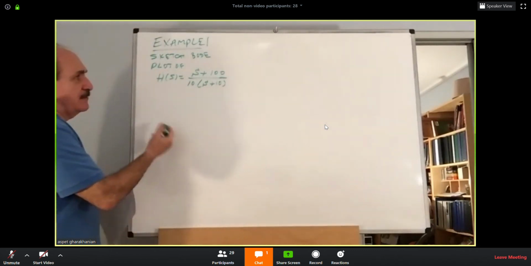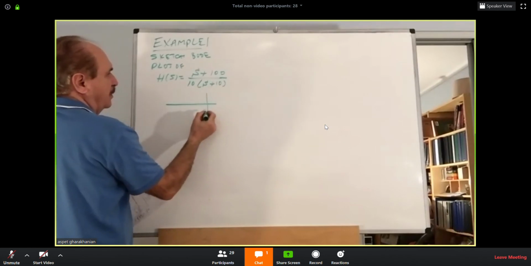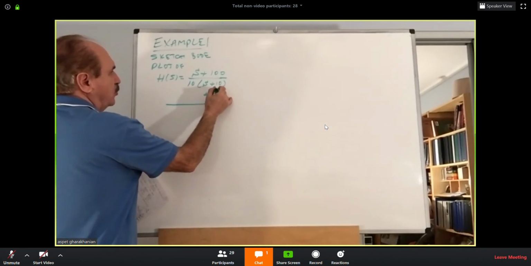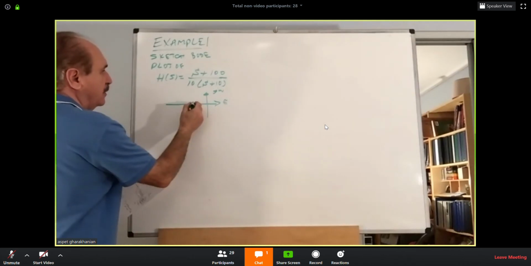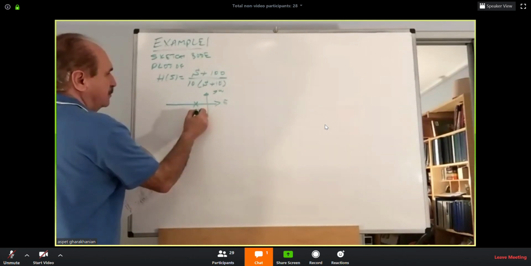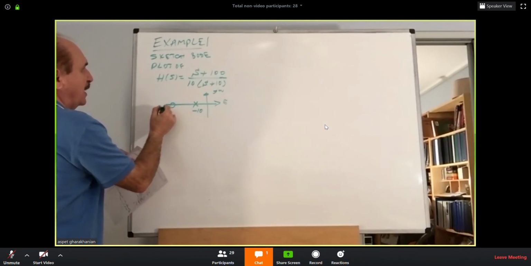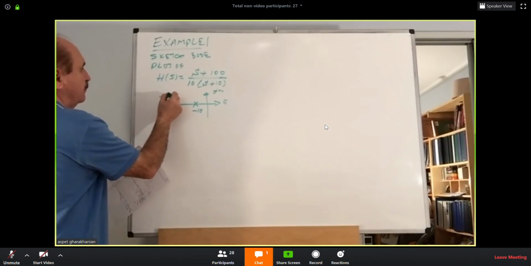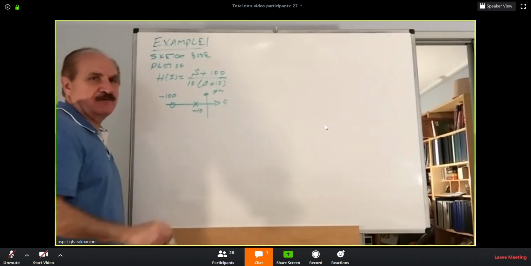So this system has, in the j omega and sigma plane, a pole at -10 and a zero at -100. That's the pole and a zero.